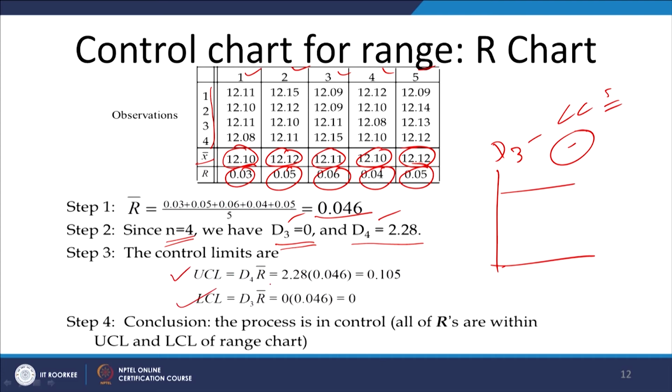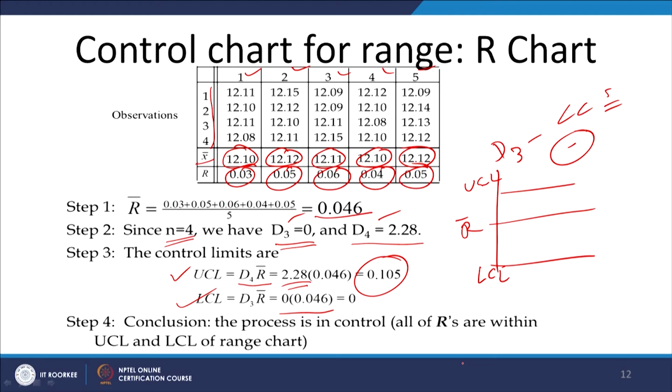Upper control limit is D4 into R bar, D4 for sample size 4 is 2.28, into 0.046, that gives us the upper control limit for the R chart as 0.105, and the lower control limit is set at 0. Here we have the LCL, UCL, and the R bar.